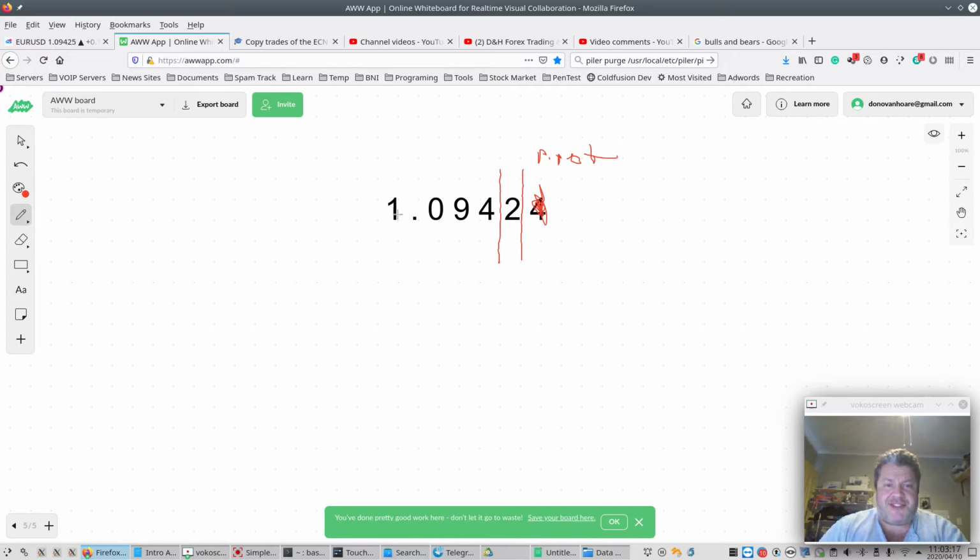So if the price changes from 1.0942 to 1.0943, you have gone up by 1 pip. If it changes down to 1.0941, you have gone down by 1 pip. If this changed from 4 to a 5, and this went from 4.2 to 5.3, your pip movement is 11.